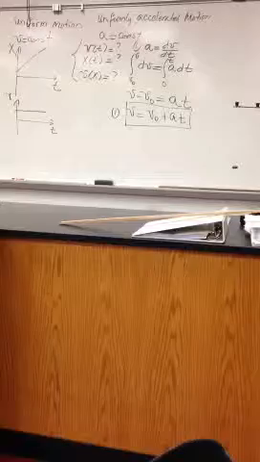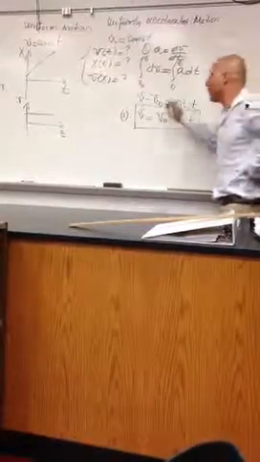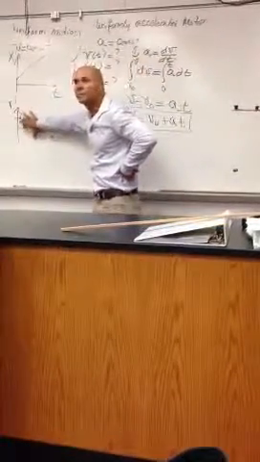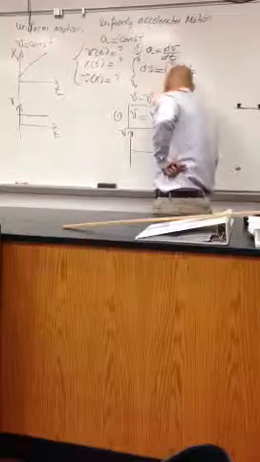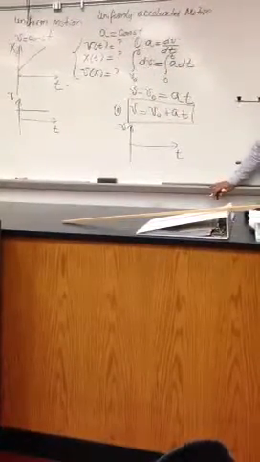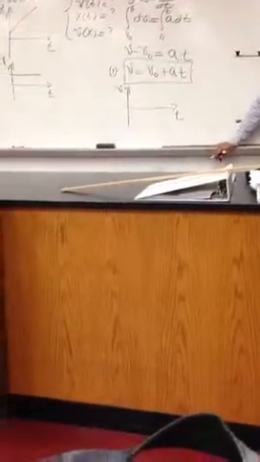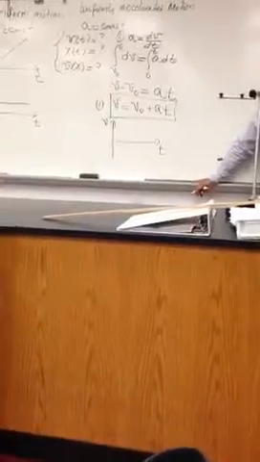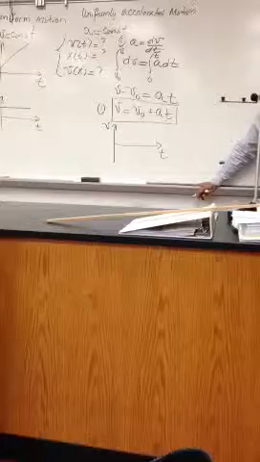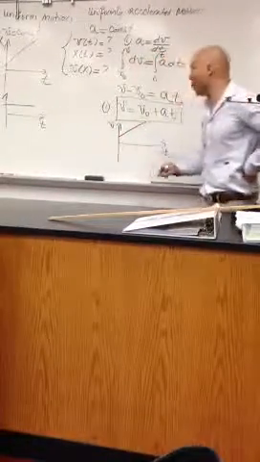Okay, so what is this equation telling me? If I want to graph v as a function of time, now you can see that v changes with the time. How? What type of relationship between v and t? Linear. And how does a linear function look?